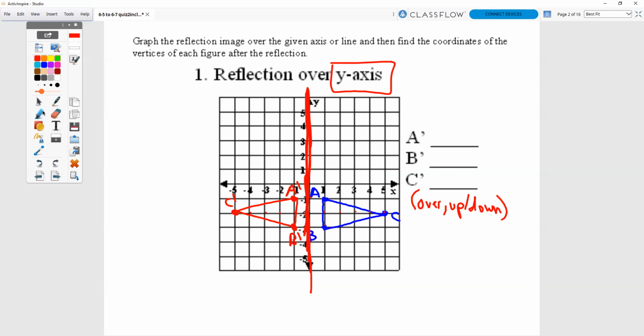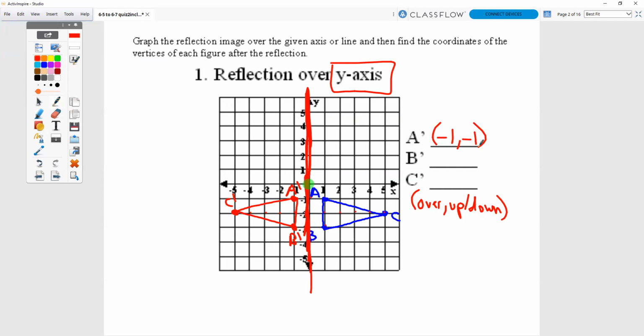When you do your coordinates, remember you always start counting from right in the middle where the X and Y axis cross. So you're starting counting from the point 0, 0. So A prime, starting in the middle at that green dot, over to -1, down to -1. So -1, -1.